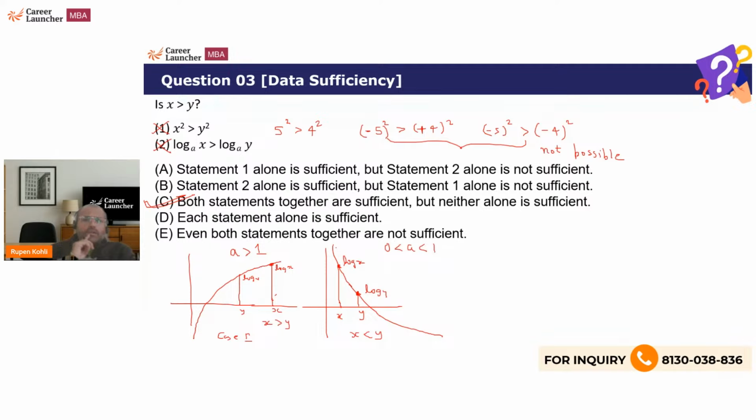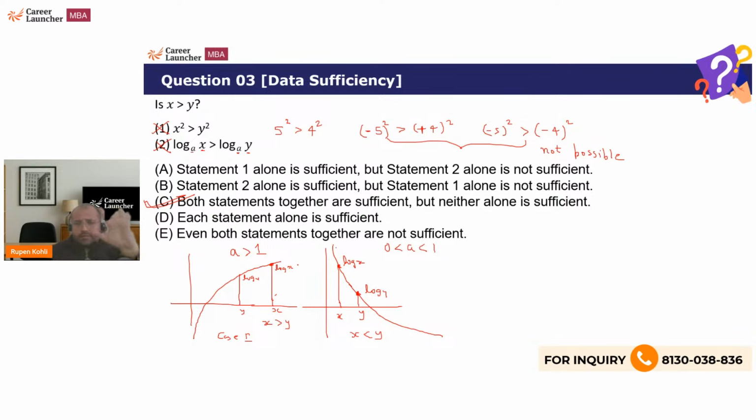But one thing we're still forgetting: in the second statement, even if both x and y are positive, when the base is between 0 and 1, still it could be possible that x is less than y. Now think about this.